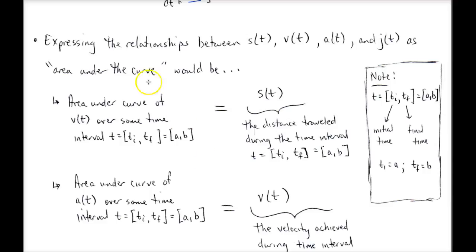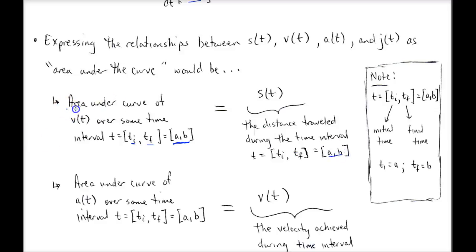And so if we express the relationships in between position, velocity, acceleration, and jerk as area under the curve of one of those functions, then it would look this way. So the area under the curve of some velocity function over some time, starting with an initial time t sub i and a final time t sub f, which we're calling here in these notes the closed interval from a to b, this would be represented as s of t, which would be the distance traveled during the time interval from a to b, basically.